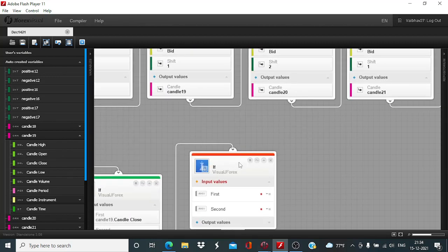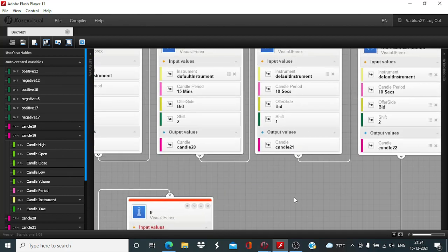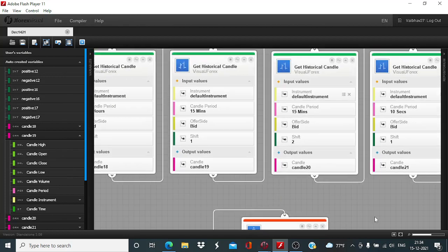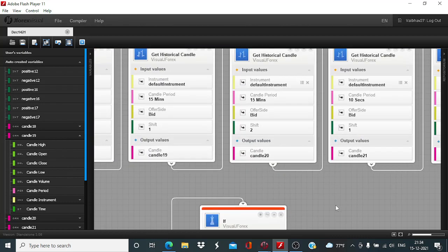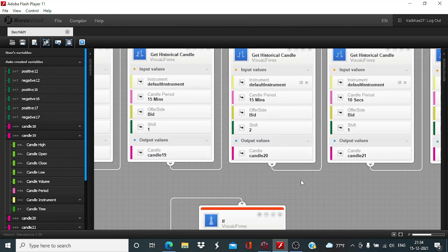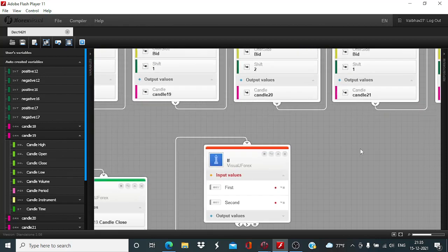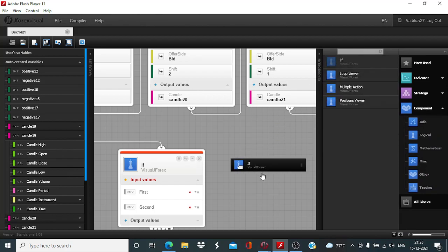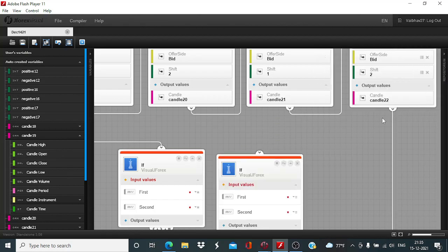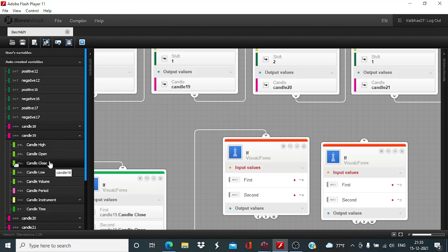And after that, we consider the candle 21, candle 22, and we will compare the closing values with the candle 19, which is the last 15-minute candle. As soon as price starts to rise above the last 15-minute candle, we want to initiate the trade. So we will have to take candle 19 candle close as the common input. Candle 19 candle close.